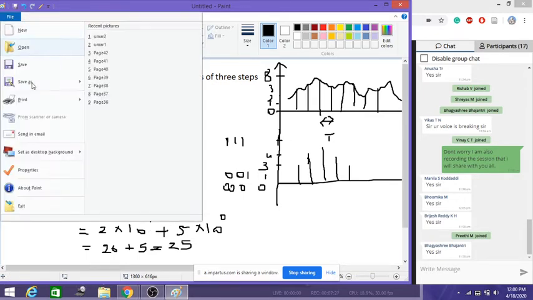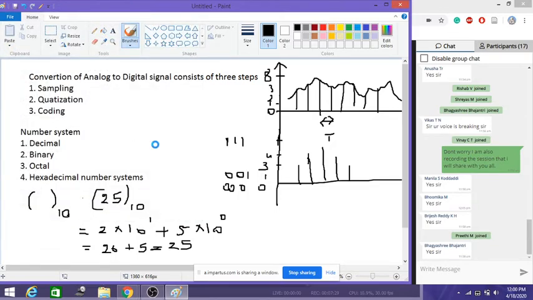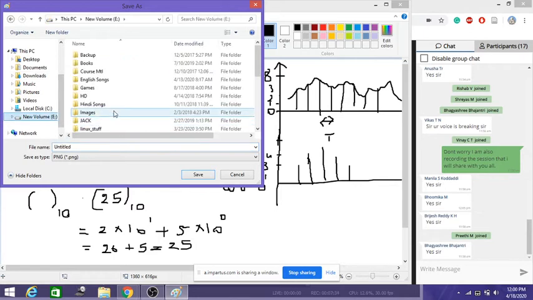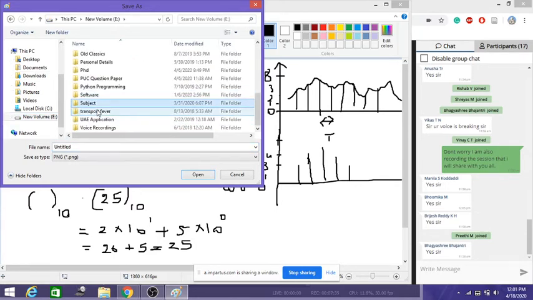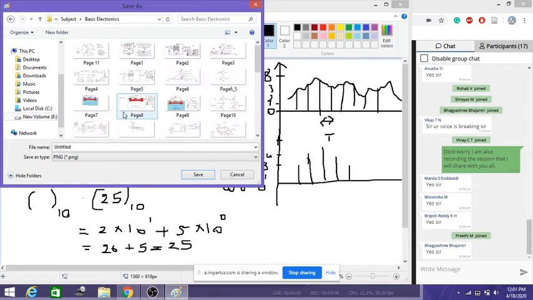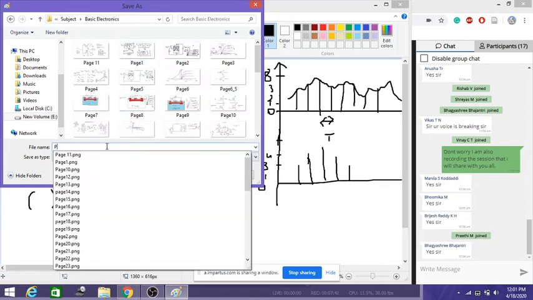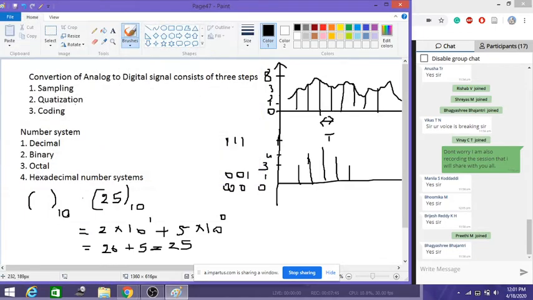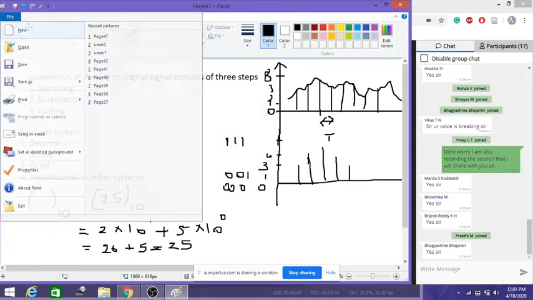So let me save this page. Page 47. Let me take a new page here.